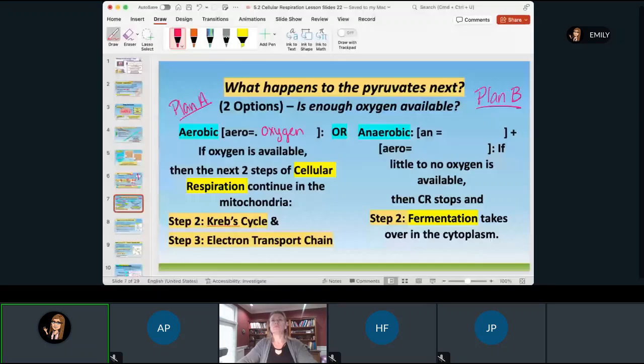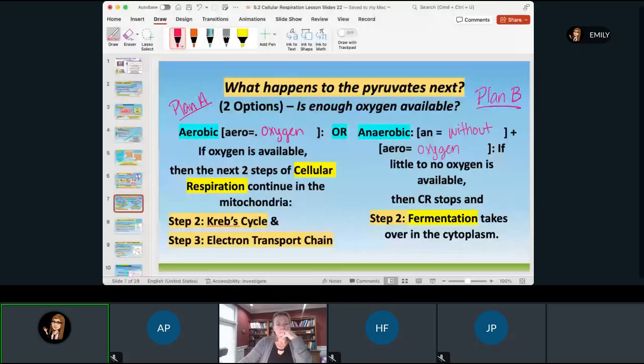So let's break down this word. An means without, and again, aero means oxygen. So anaerobic means without oxygen.